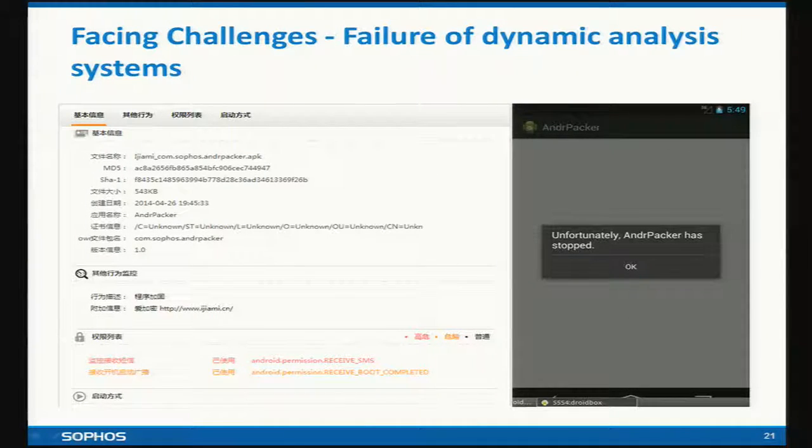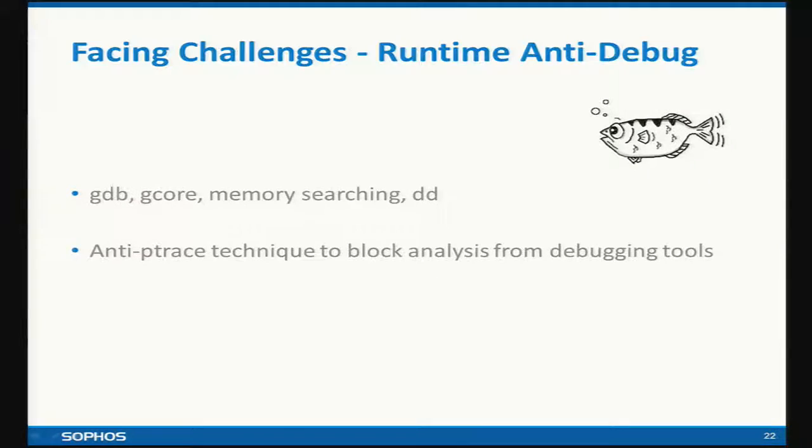Challenge 2: dynamic systems like Joe Sandbox and iGenSign.com cannot offer successful dynamic results for packed applications. These systems either provide very basic static information or just crash when we try to start the application.